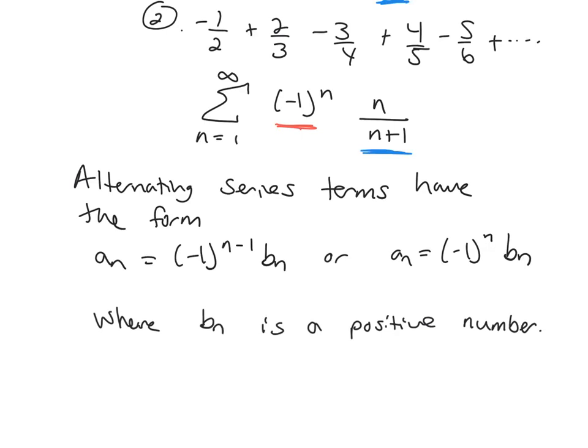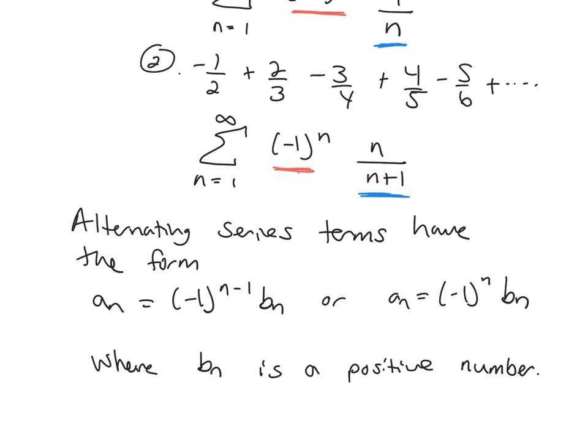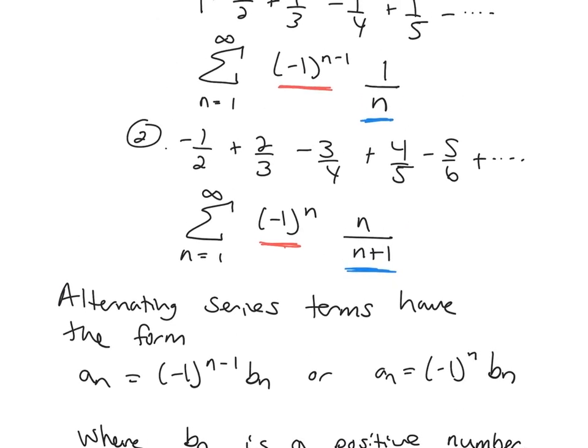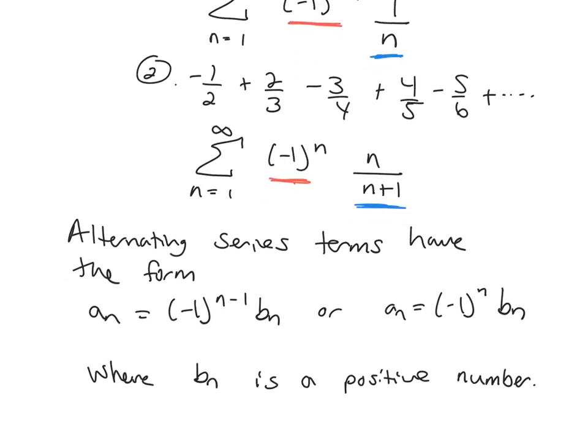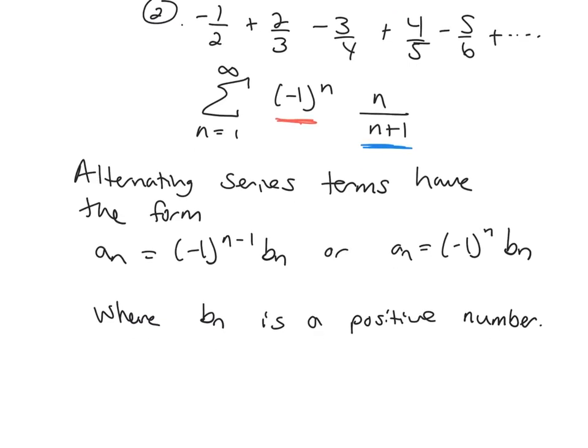So if you look at the examples I have above, I underlined the b sub n's in blue, the 1 over n and the n over n plus 1, okay?